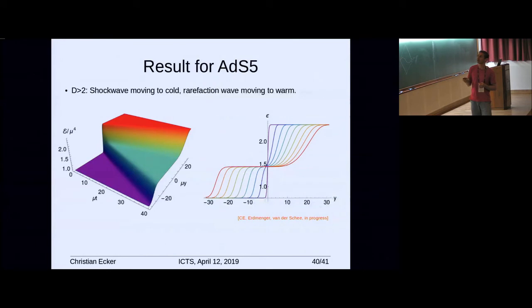In 2 dimensions, this region broadens in such a way that a shock wave with constant contour moves to the left, and a shock wave with constant contour moves to the right. In dimensions larger than 2, this is different. What you see here is a shock wave moving to the colder region and a so-called rarefaction wave moving to the warmer region. The rarefaction wave is a wave that changes its shape during the time evolution.